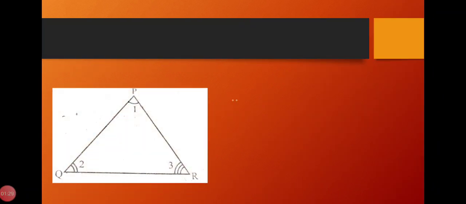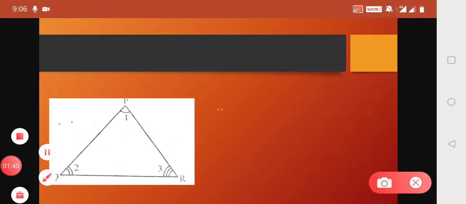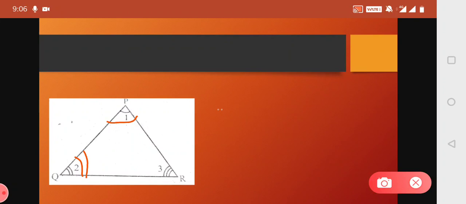Let's see the figure: a triangle PQR where angle P is angle 1, angle Q is angle 2 and angle R is angle 3.